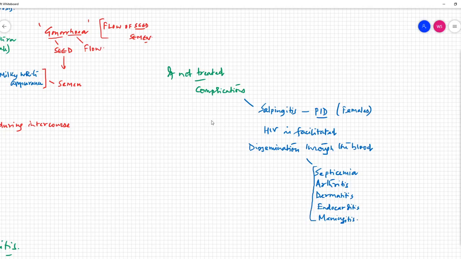So the goal of the drug therapy here is to eliminate the organism, the causative organism, and to prevent the complications of not treating.